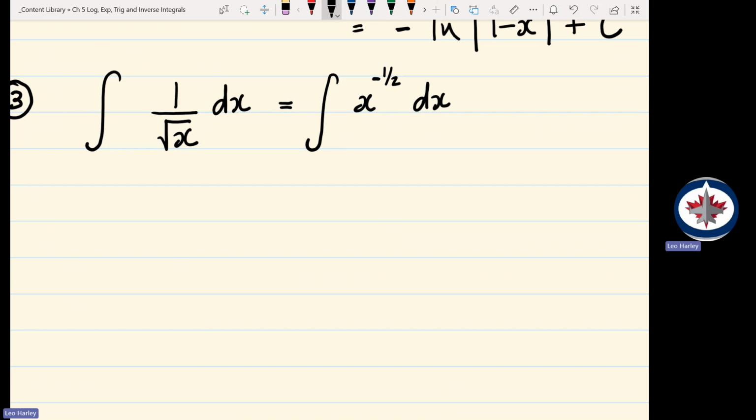This sort of feels like a polynomial type integral.